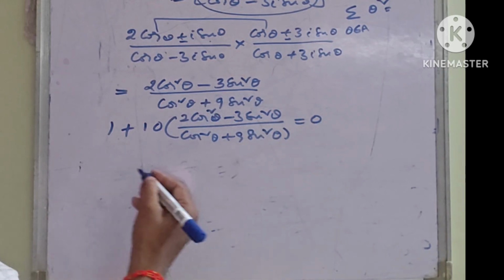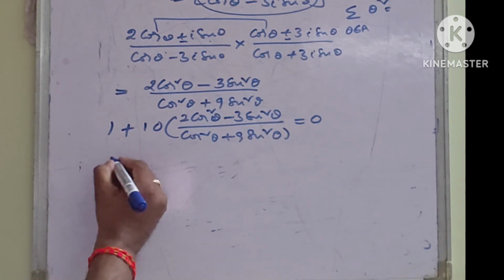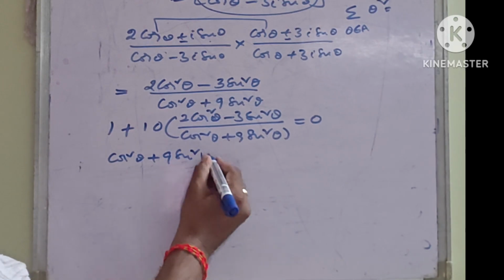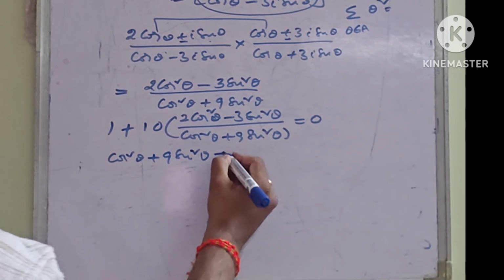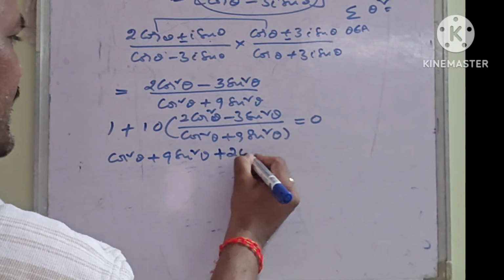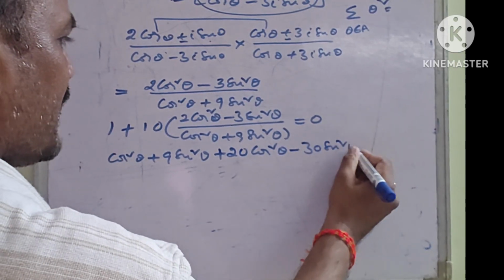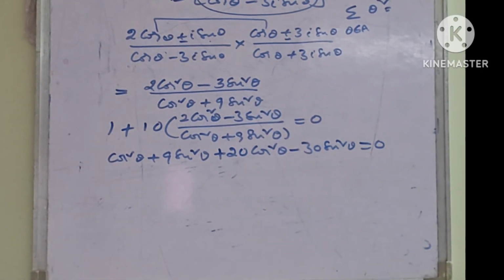Now LCM and cross multiplication. Here cos square theta plus 9 sin square theta, plus 20 cos square theta minus 30 sin square theta is equal to 0.